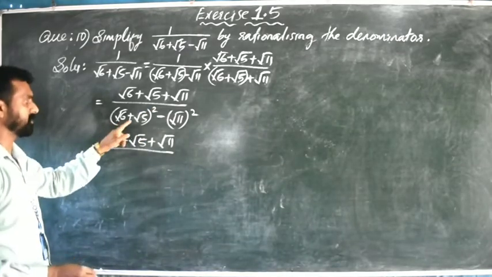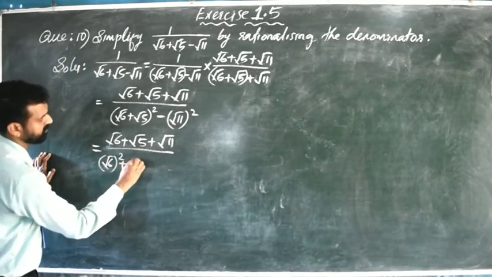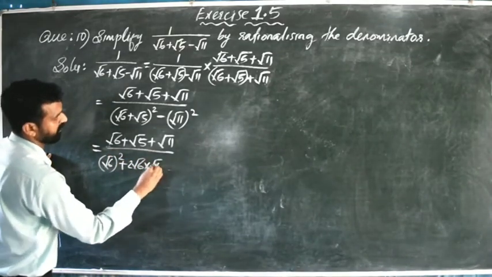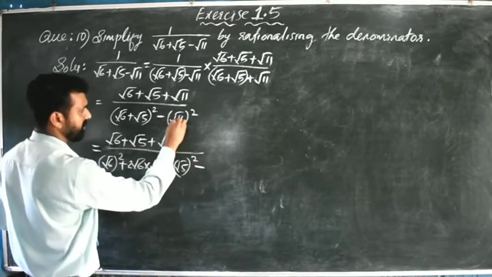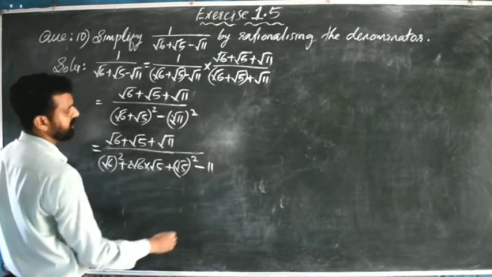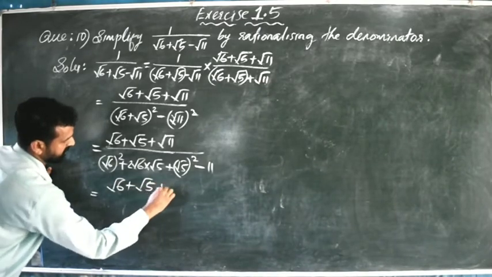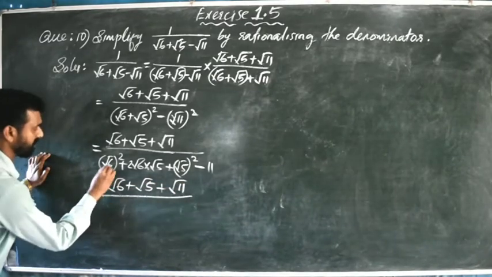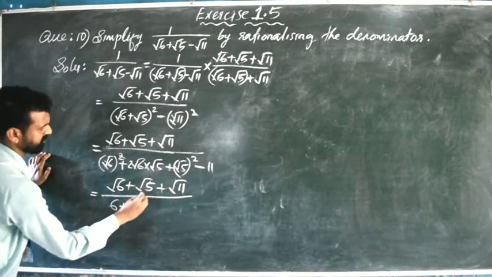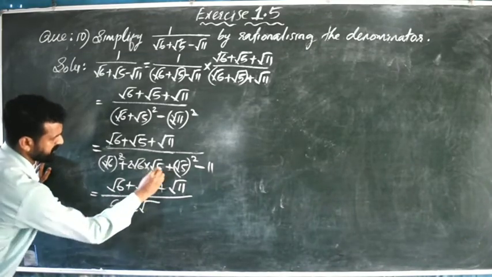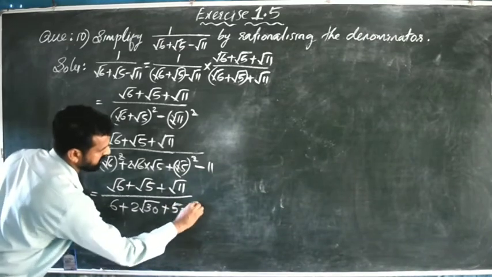It is of the form a plus b the whole square. We have to expand it. A square plus 2ab, 2 into root 6 into root 5, plus b square, that is root 5 square, minus root 11 square. Square root and square cancel, it will become 11. That is equal to root 6 plus root 5 plus root 11 divided by root 6 square, square root and square cancel, 6, plus 2 into root 6 into root 5. 2 root 6 5s are 30, plus square root and square cancel, 5 minus 11.